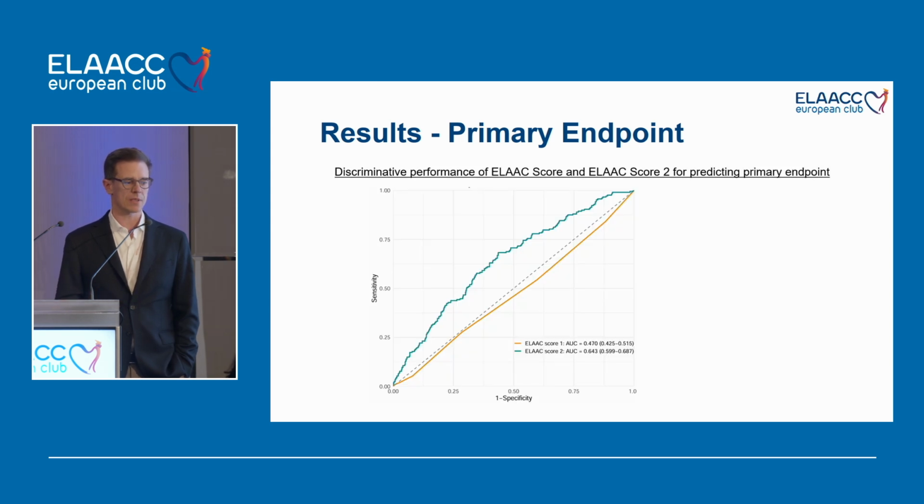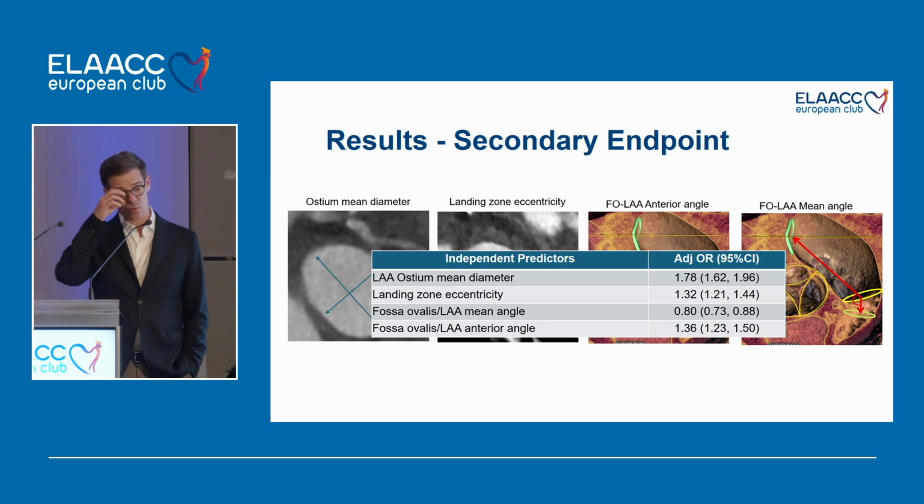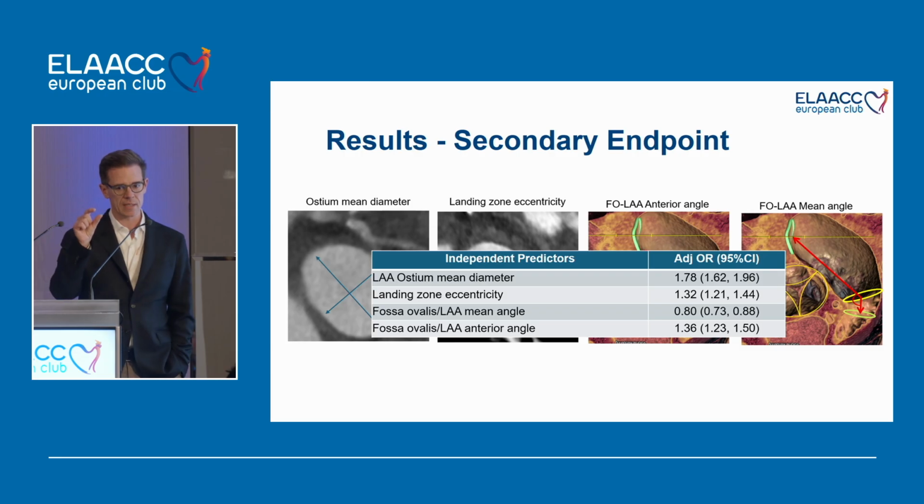And if we look at what the impact is on the area under the curve, the orange line indicates the binary ELAACC score and the blue line indicates the ELAACC score that is based on continuous variables, and we have an area under the curve of 0.65, which is moderate in terms of predictive ability for this primary endpoint.